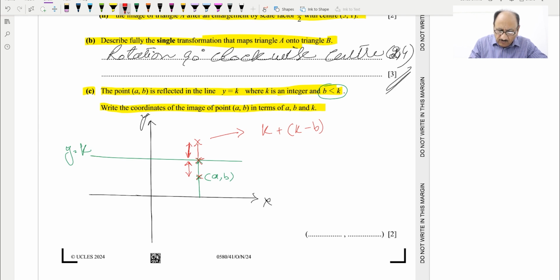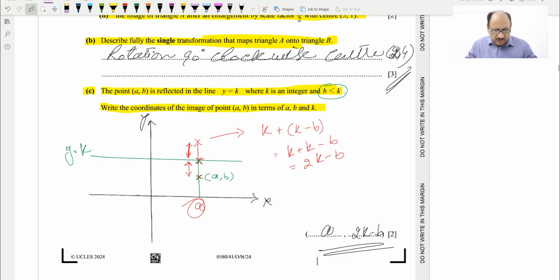So we will be adding k plus k minus b, and if we open the bracket, it will be 2k minus b. So this will be the new coordinates. a will remain as it is, a will not be changing, so the new coordinates will be a and 2k minus b.